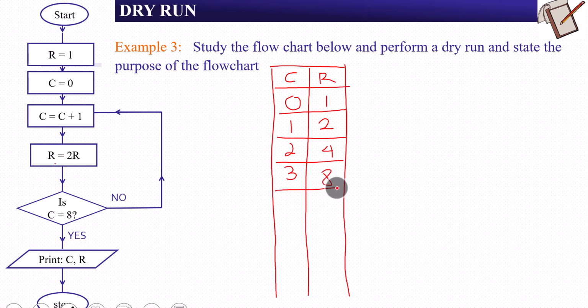And then, we ask ourselves, is C equaling to 8? No. So, we go increase C by 1, it becomes a 4, and R becomes 16. We go ask ourselves, C, is it equaling to 8? No. We increase it by 1. We go, this becomes 32. We continue the process until we reach C is equaling to 8.